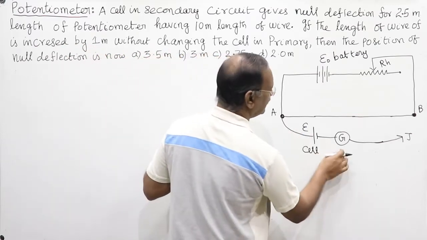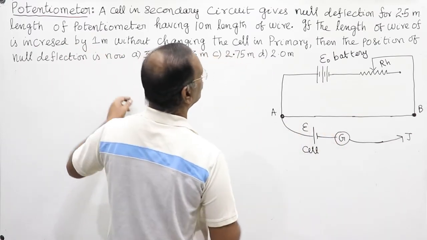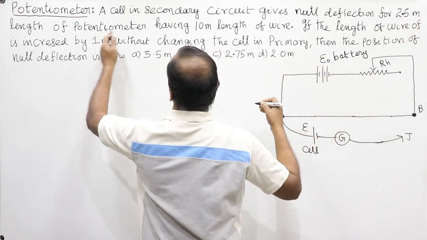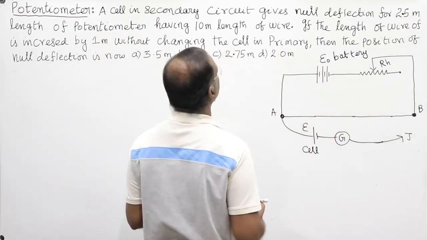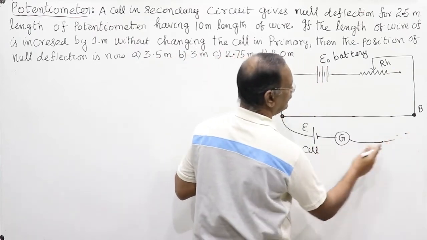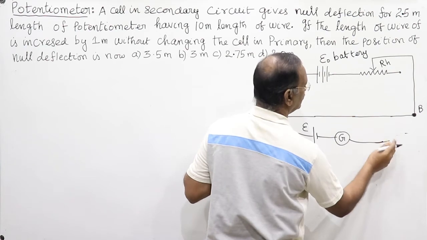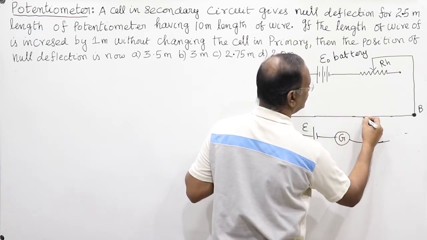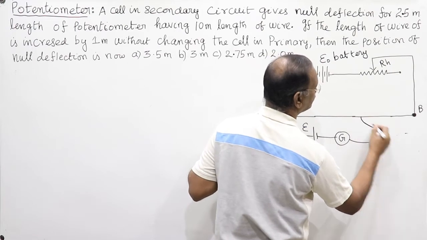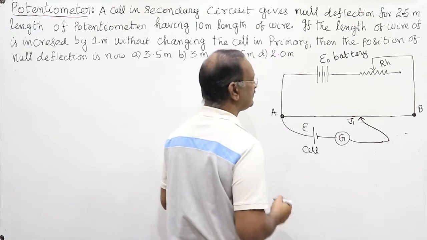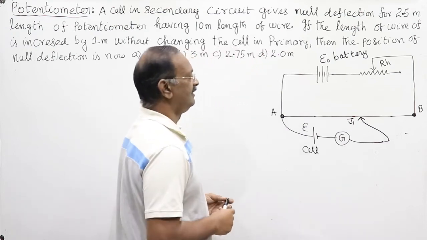This cell gives null deflection for 2.5, for the potentiometer having 10 meter length. See, when this cell is connected and we move this jack on the wire AB, at this point, say J1, it gives the balancing point.